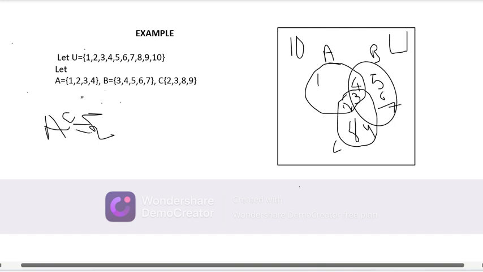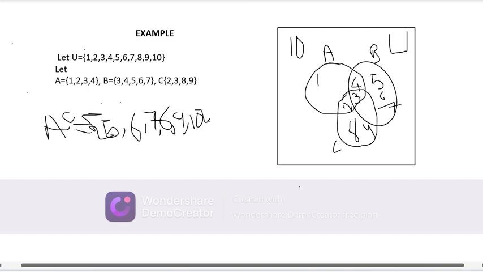The reference that we are going to use is the universal set. 1 is there, 2 is there, 3 is there, 4 is there, 5 is not in A, so you start with 5. 6 is not in A, 7 is not in A, even 8, 9 is not in A, and 10 is not in A.